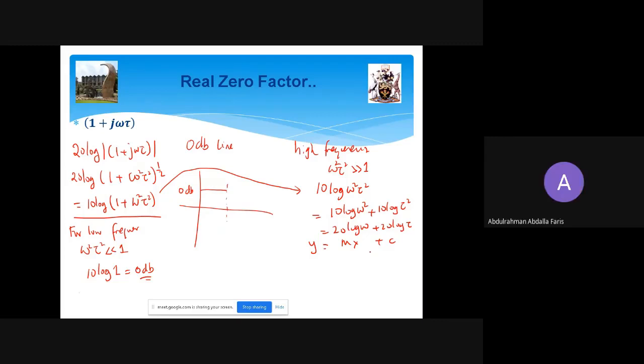Yes. Okay. Now, if omega is 1 over tau, we say that it's a corner frequency. If it's 1 over tau, and you substitute it here, this thing will just be 10 log of 1, which is 0 dB.